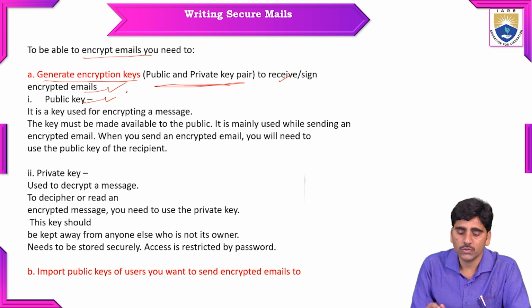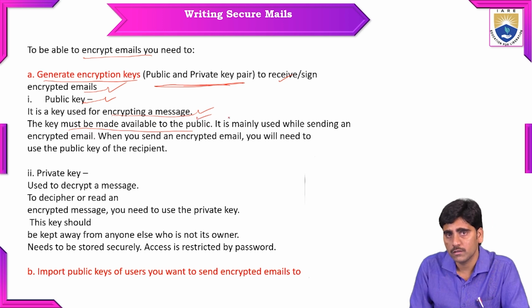The public key is a key used for encrypting a message. The key must be made available to the public, and it is mainly used while sending an encrypted mail.